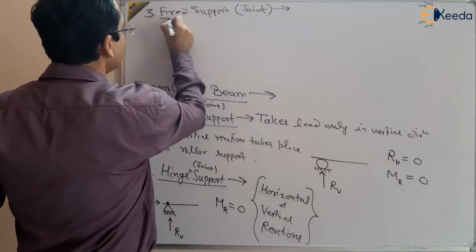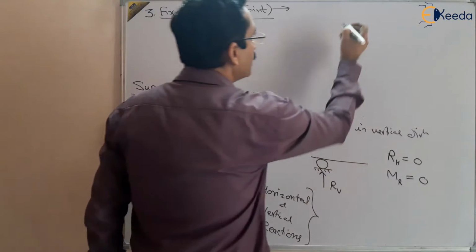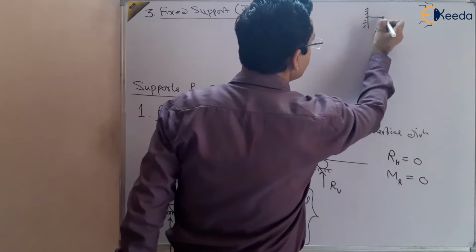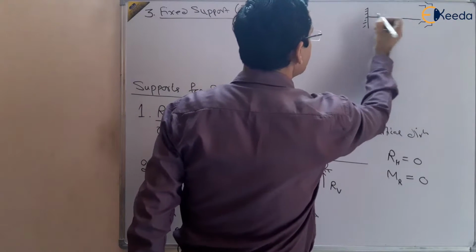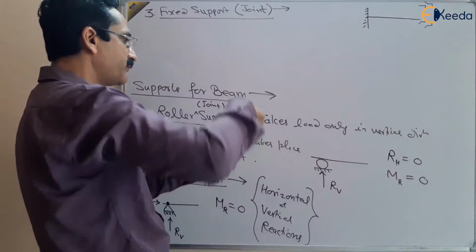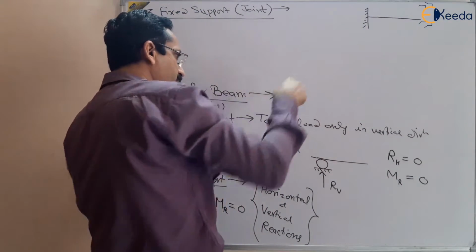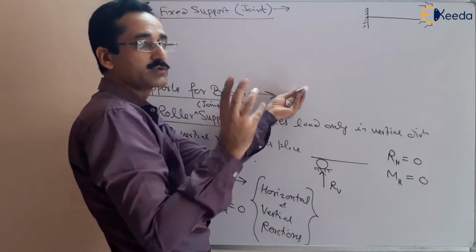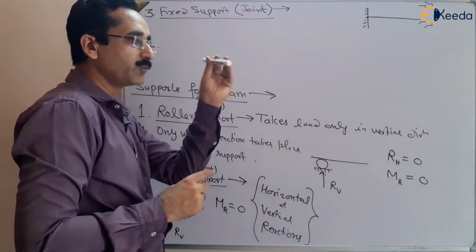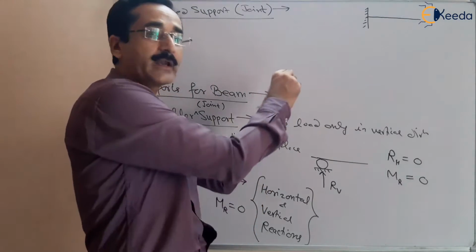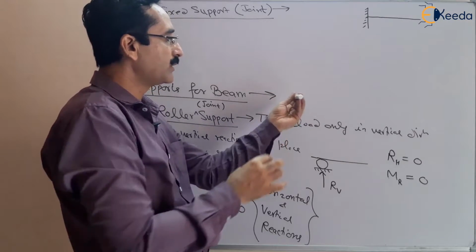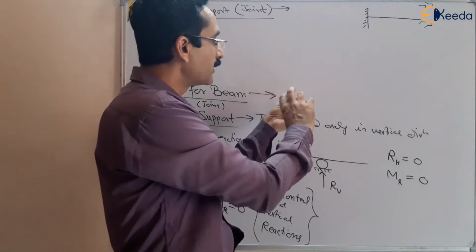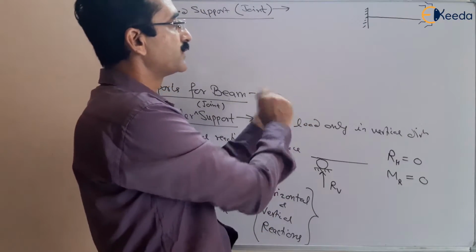What is that fixed joint? Here all the three reactions will be developed like this, right? This is fixed in the wall. Suppose I fix something in this board, I make a hole here and then I fix it here, right? So it will become a fixed joint. It will not allow the movement of this beam in horizontal direction, nor in vertical direction, and neither will it allow the clockwise or anti-clockwise rotation of the beam, right?